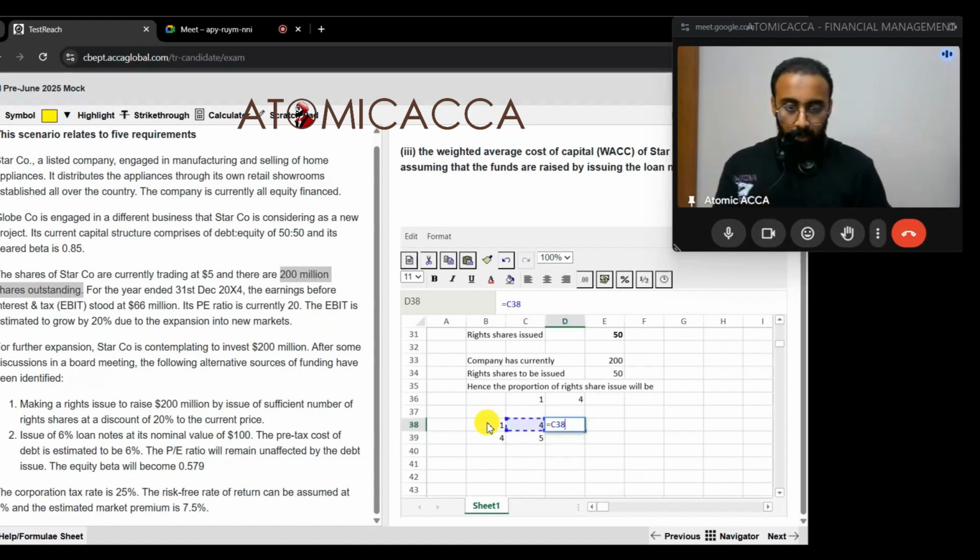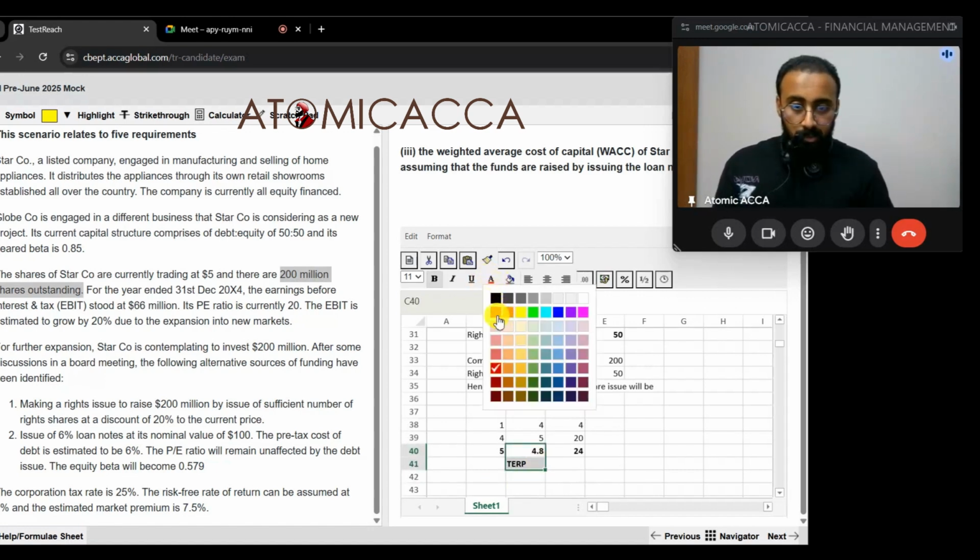The total will be 1 into 4, and 4 into 5, which is 20. The sum of these two numbers is 5 shares, and the total value is 24. So what will be the TERP? Total value divided by total number of shares is equal to 4.8. This is called the TERP. For 2 marks, that is totally enough, so you don't have to write too many stories for that.